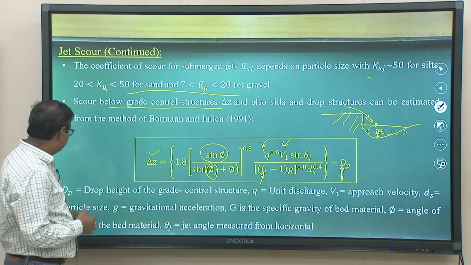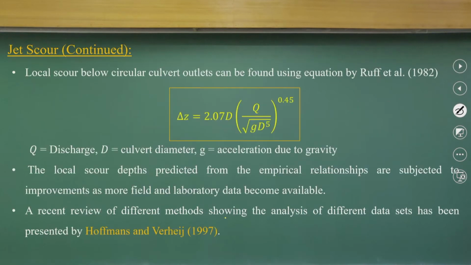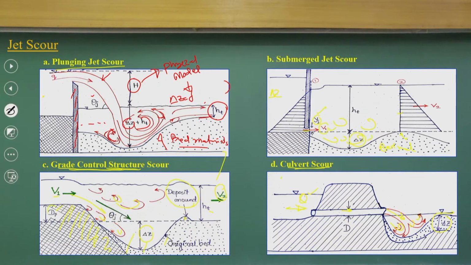The dp is the drop height of the grade control structure, if you look at the figure here. So, dp stands for this part, theta z is the impinging angle, you have v1 the velocity, v2 the velocity, you have a tailwater depth, then you have the original bed.